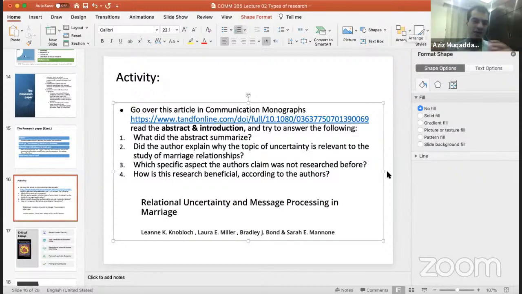So what's the benefit for someone studying marriage, and also for those married relationships themselves? Someone reading this research would have an idea about how to communicate better in a climate of uncertainty in a marriage relationship.